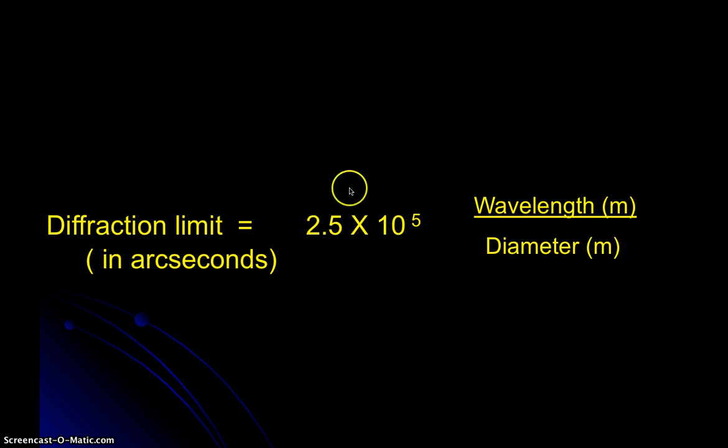You're not really going to be working too much with this calculation. What I really want you to remember about resolution is that longer wavelength gives larger resolution, which is bad, but larger diameter telescopes give you smaller resolution, which is good.